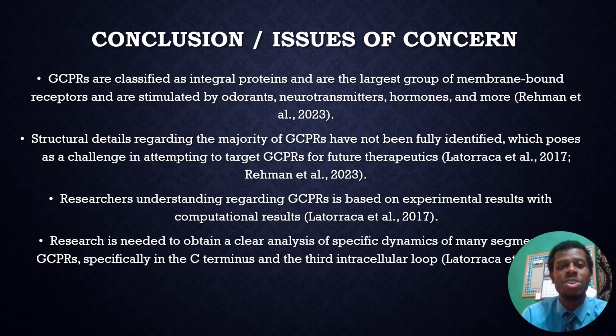Only approximately 1,000 have been discovered, and there are more to be discovered. In current times, the only understanding comes from computational and experimental research. Those are issues of concern that possibly will be addressed in the future, so definitely take that to heed.